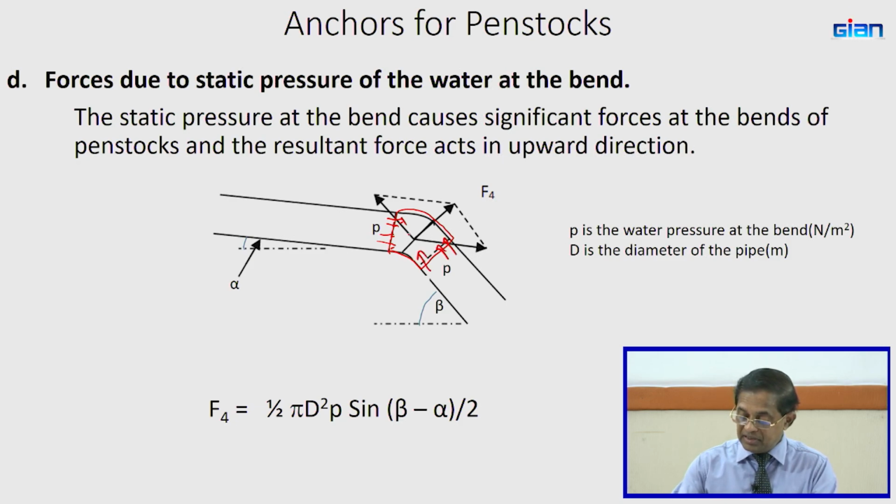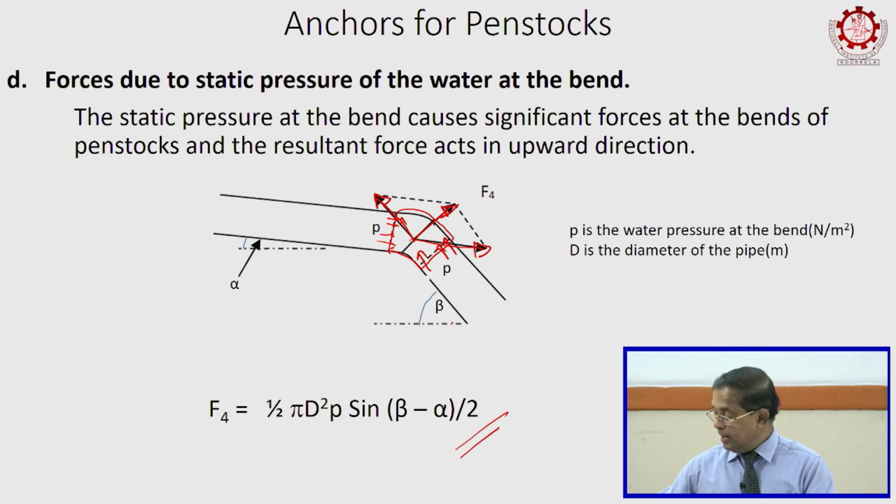So, this part will have a net force in this direction, which will have a resultant in this upward direction, right, which will try to take the bend up due to static pressure. So, this formula can calculate it depending upon various angles, right.